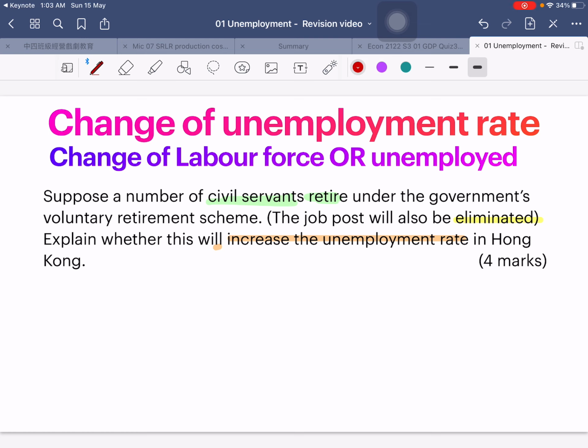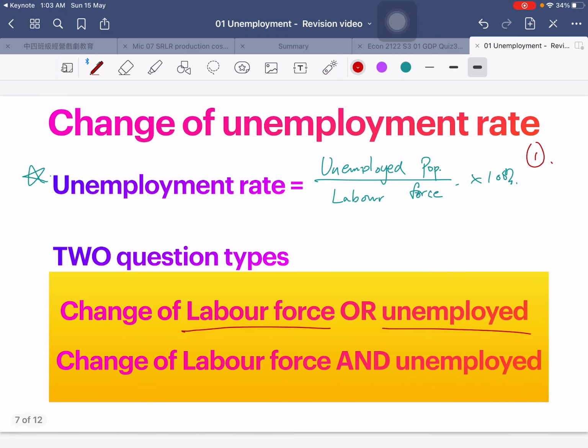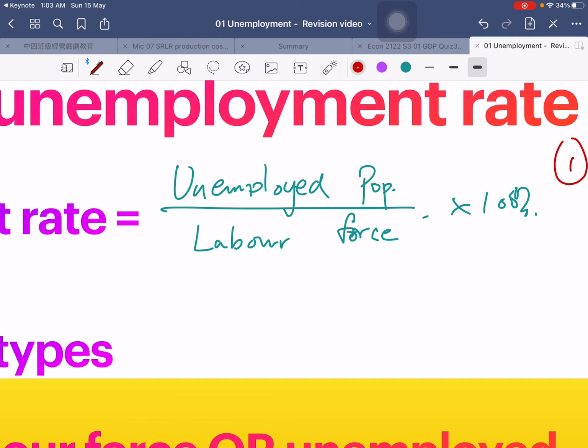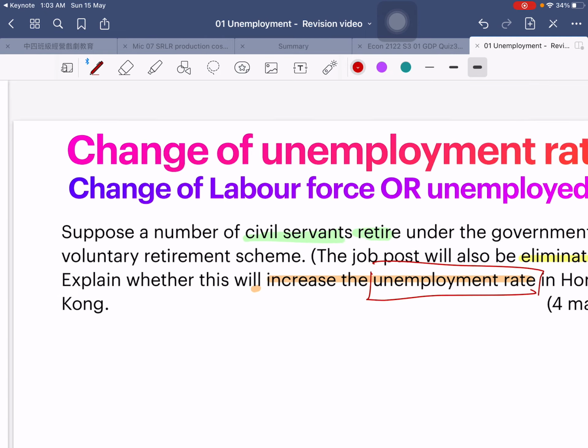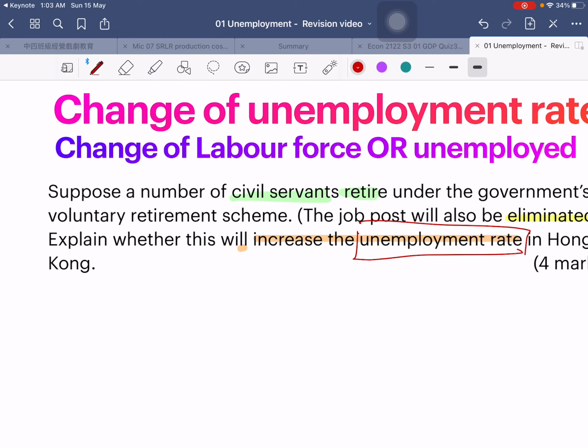So what should we do before we write down the answer? We should do some analysis. Actually, unemployment rate has only two elements, right? So just look here. Only talk about unemployed population and labor force. Look at the question to find out whether the labor force will change and whether the unemployed population will change.